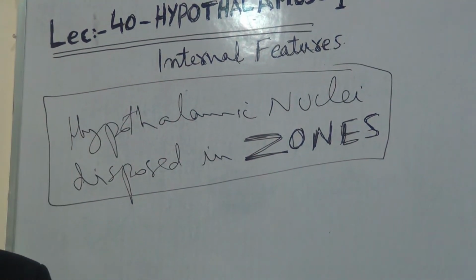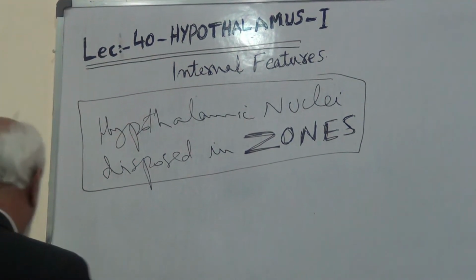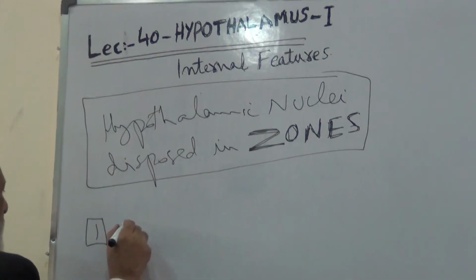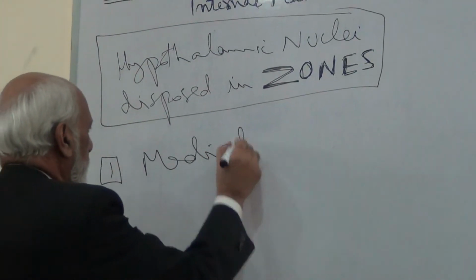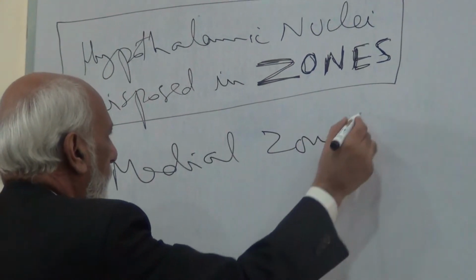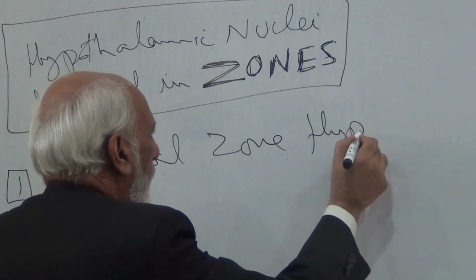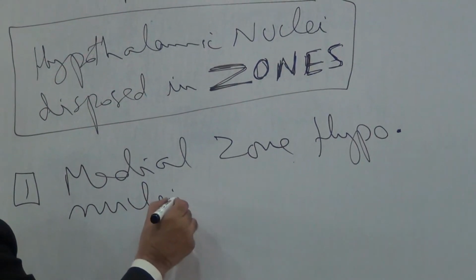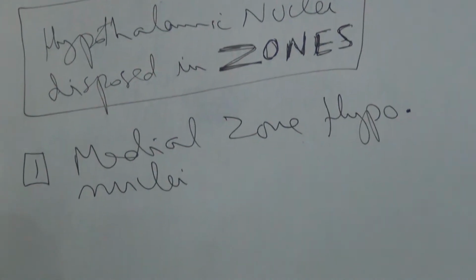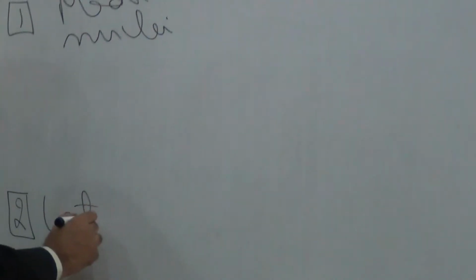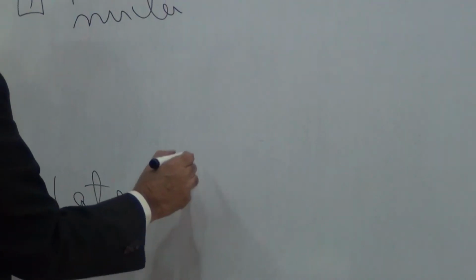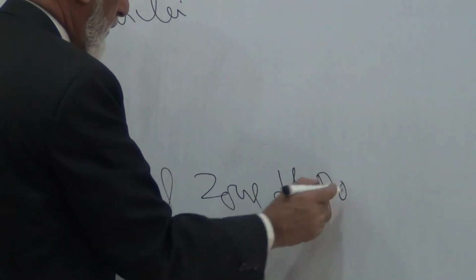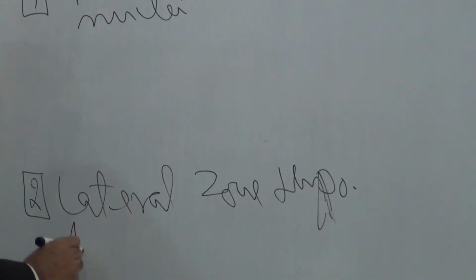The hypothalamic nuclei we divide into two major zones. Number one, medial zone hypothalamic nuclei. And number two, lateral zone hypothalamic nuclei.